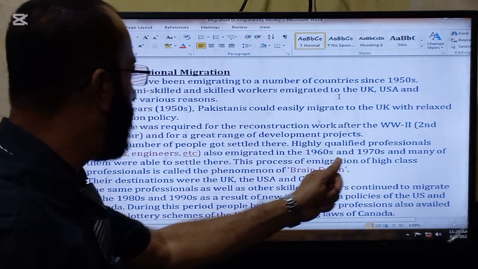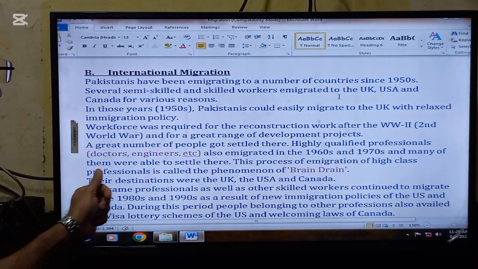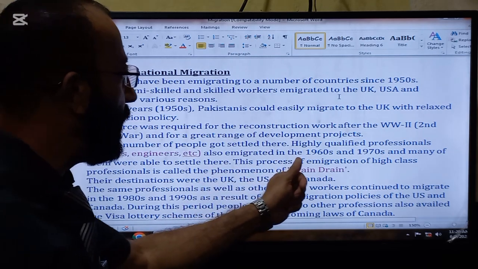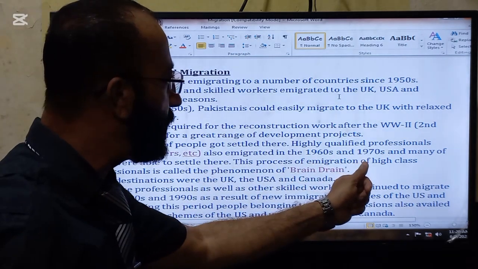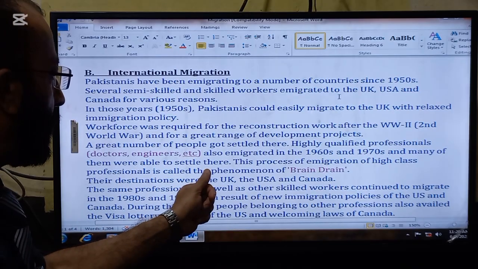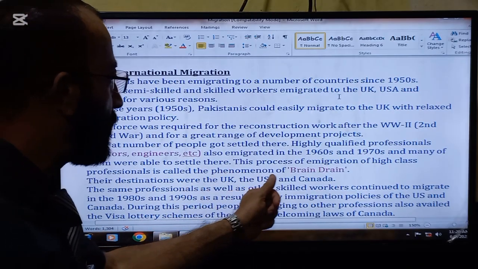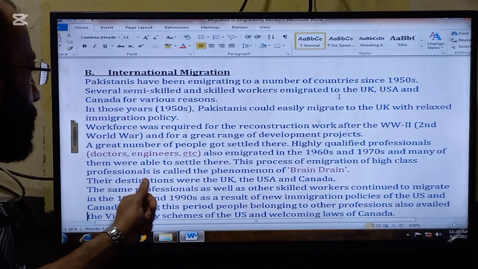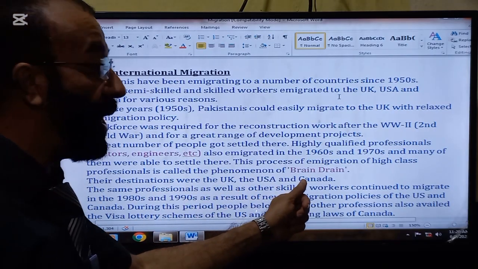Highly qualified professionals, for example doctors, engineers, etc., also emigrated in the 1960s and 1970s, and many of them were able to settle there. This process of emigration of high-class professionals is called the phenomenon of brain drain.